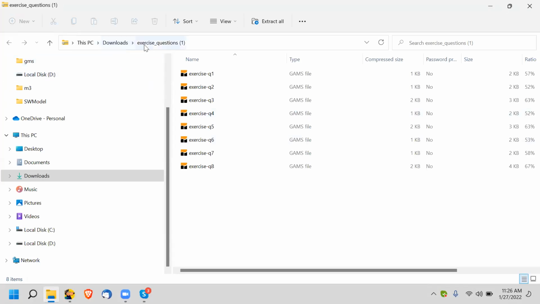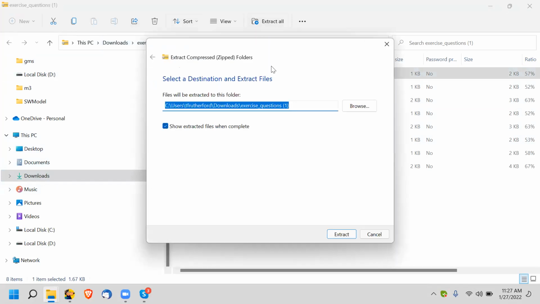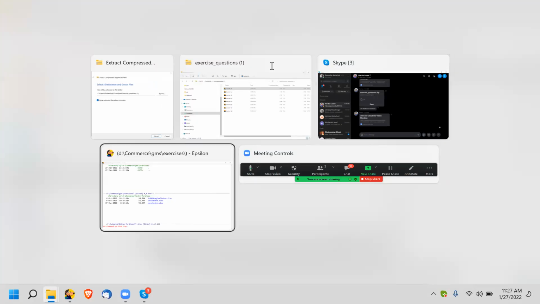And we could also just extract, put it on here, I guess. Where did that extract all? There we go.